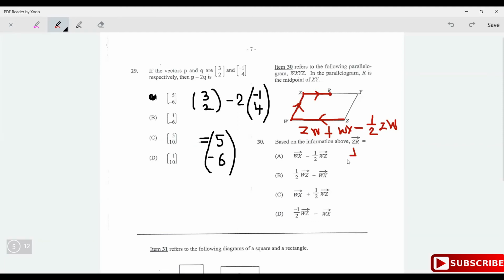This works out to be a half ZW plus WY. Why did I say WY? This is XW plus WX. I really need to write a little better with this. That is option C. All right, nice, it's option C. Easy question.